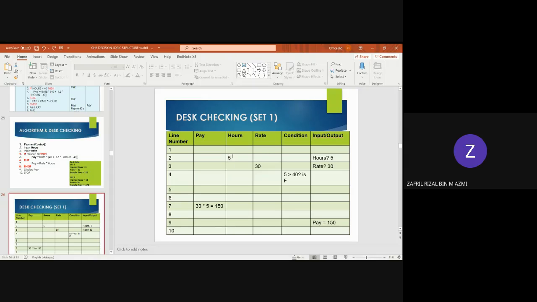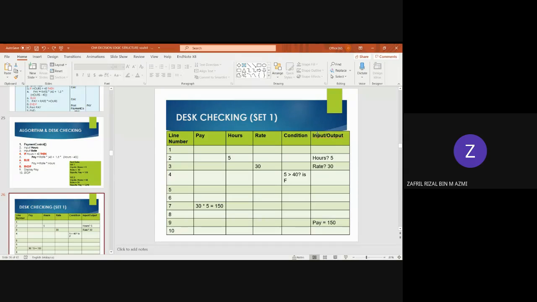This is based on the value that we put for test data. So we put 5. And then in line 3, input rate. For test data we use 30. So in line 3 we have 30.